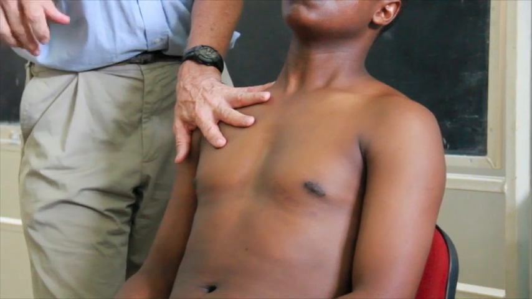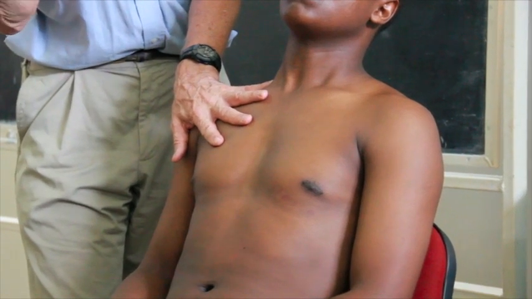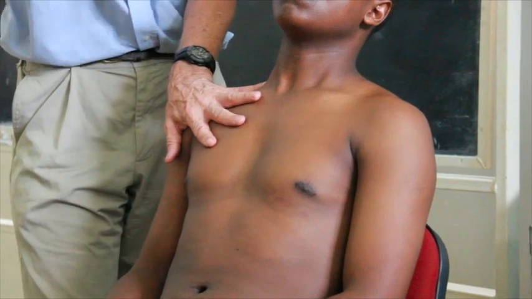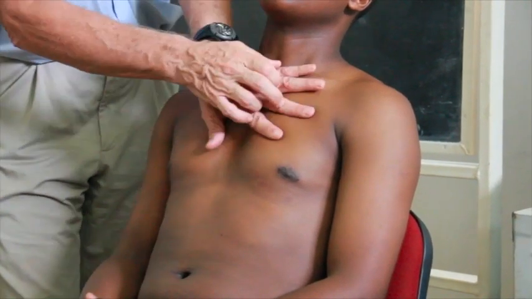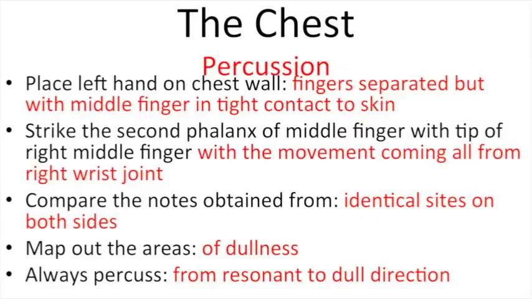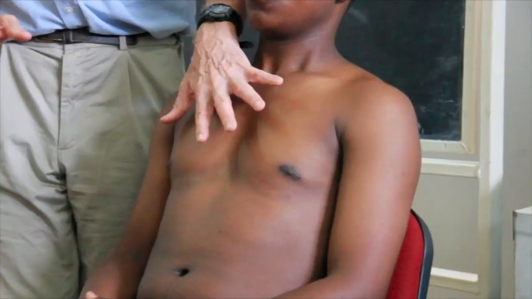If you notice, nearly all the movement is coming from the wrist or the fingers. It's not coming from the hand. Like this. And you compare to the other side. Only tap twice, and that's sufficient.